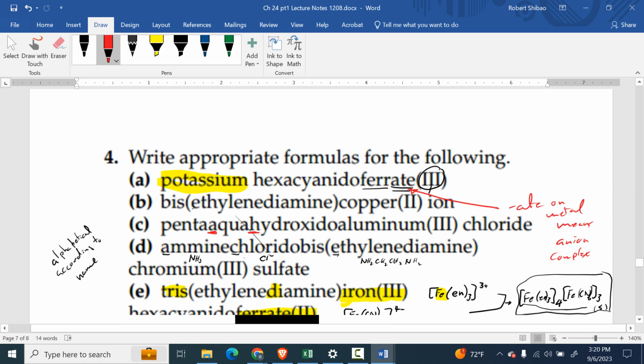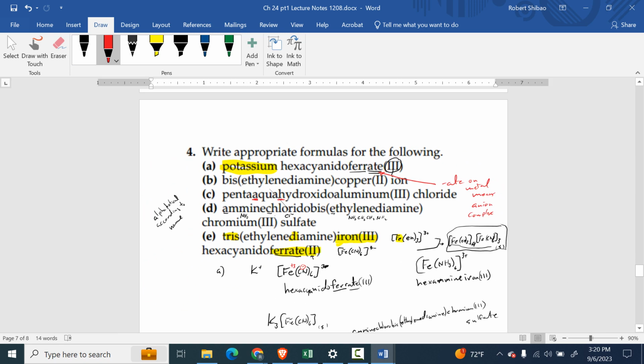All right, let's go the opposite direction. We're going to go from the name to the formula.